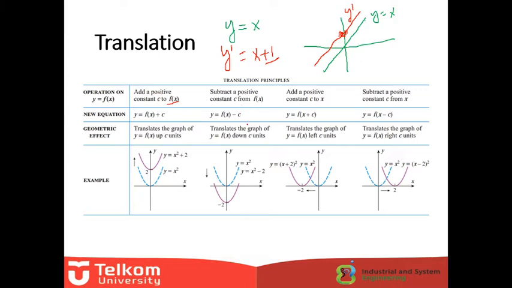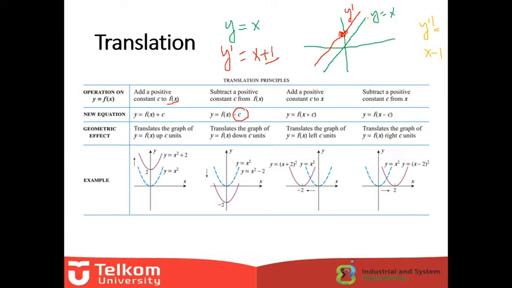If you make the subtraction, it means that you have to move down with this c. So if we have, for example, y double prime equal x minus 1.